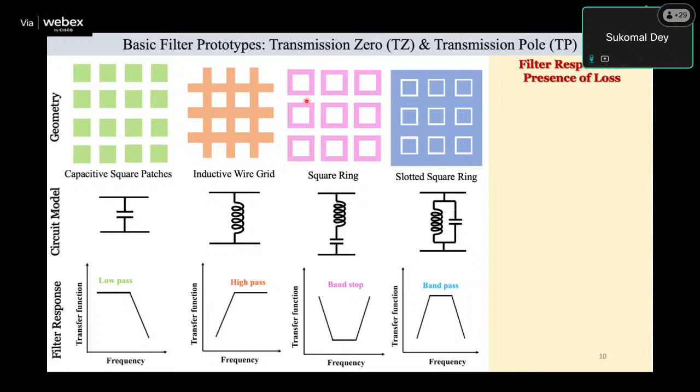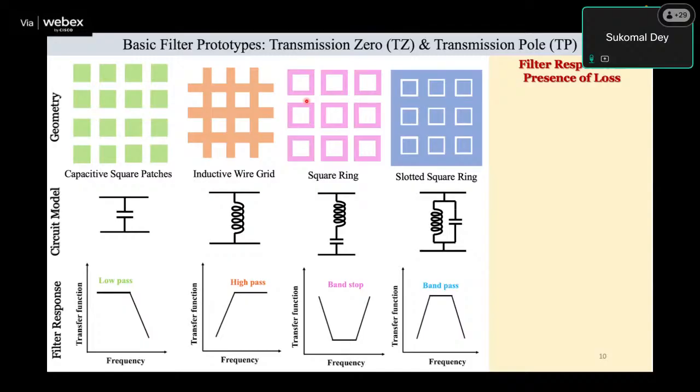Now, it is not always necessary that you have to improve the quality factor. Sometimes intentionally we deteriorate the quality factor. Why? Because whenever you are improving the quality factor, you are basically talking about a narrow band filter.